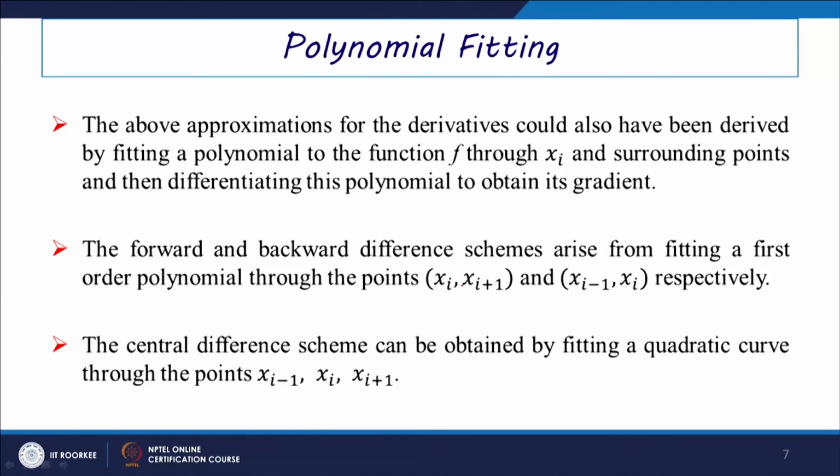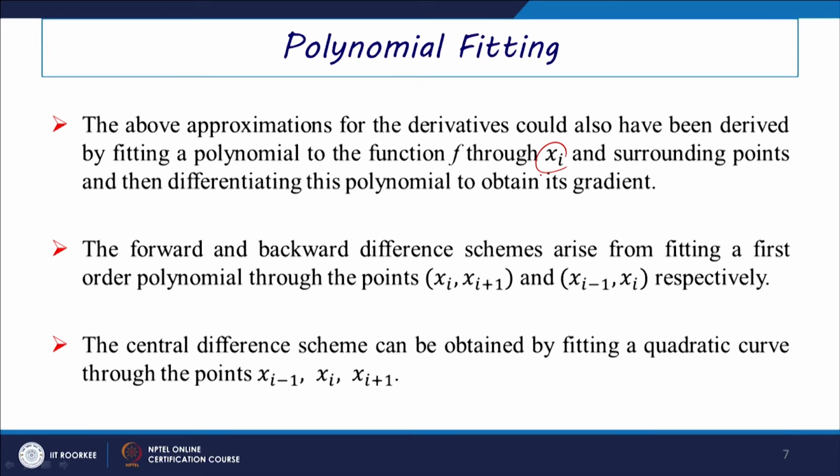That we will discuss here. The above expressions are the finite difference formulations based on the Taylor series expansion, which involve derivative terms that could be derived by fitting a polynomial to the function f through the grid points xi and surrounding points, and then differentiating this polynomial to obtain its gradient.